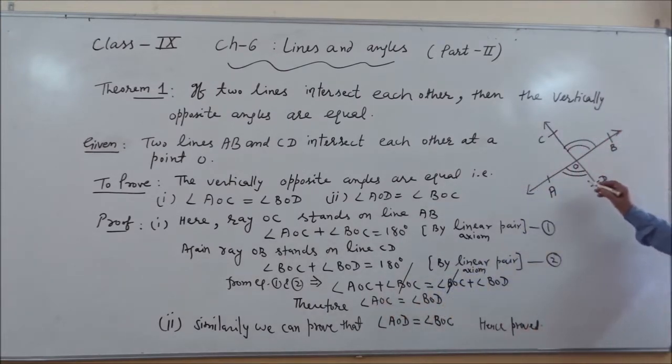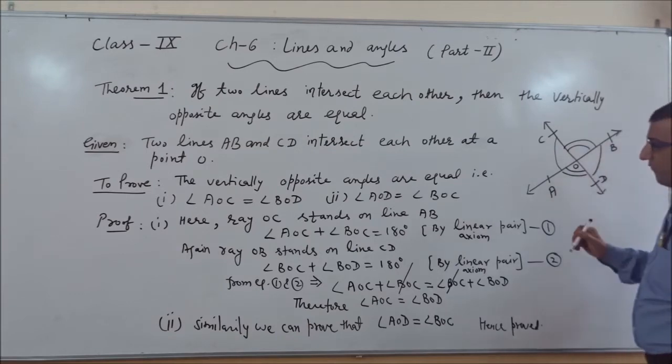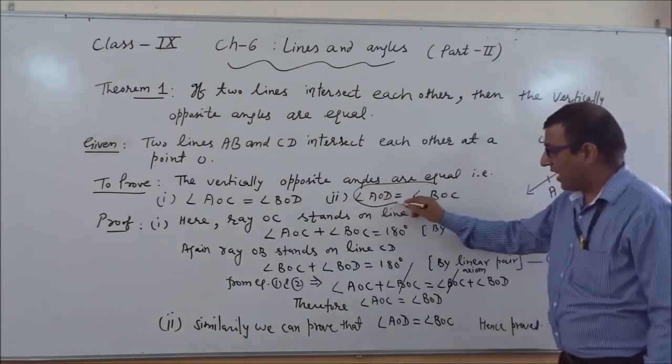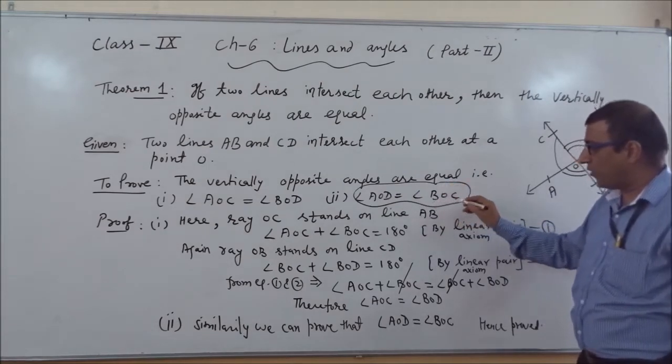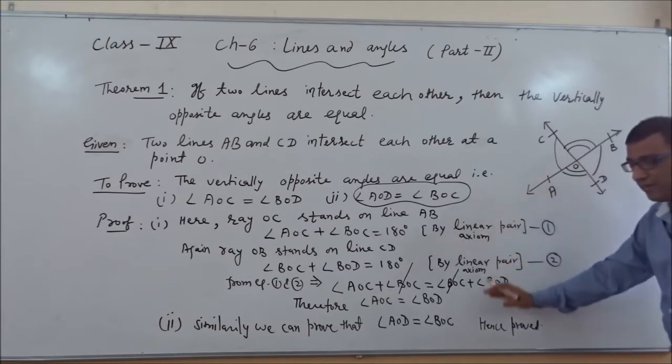That's why we can say angle AOC is equivalent to angle BOD. Similarly, if we want to prove it, angle AOD is equivalent to angle BOC, which is also possible with the same procedure.